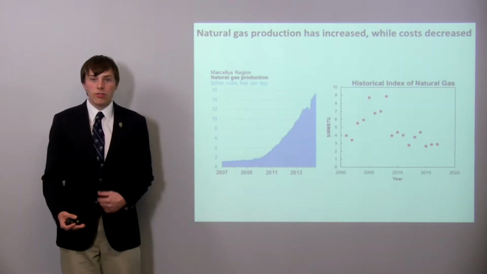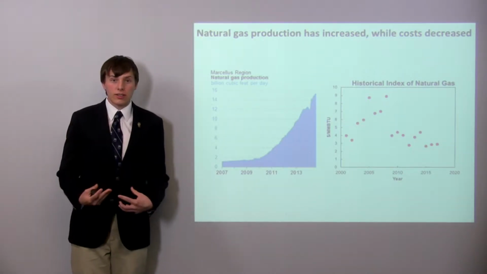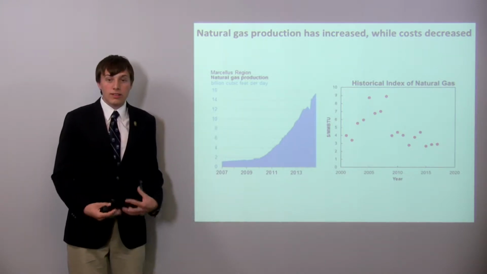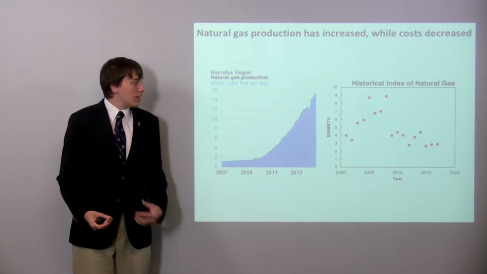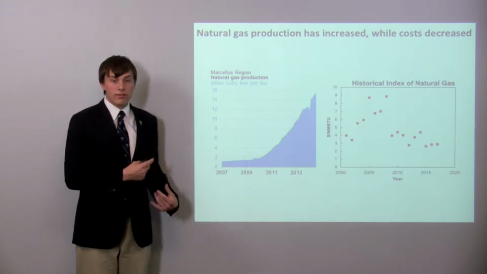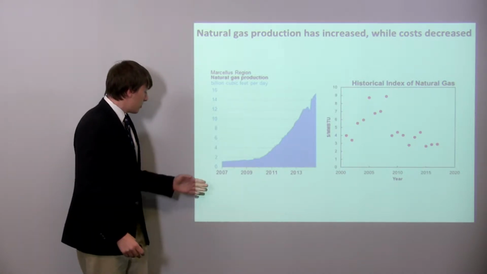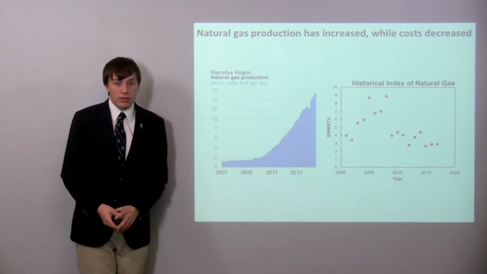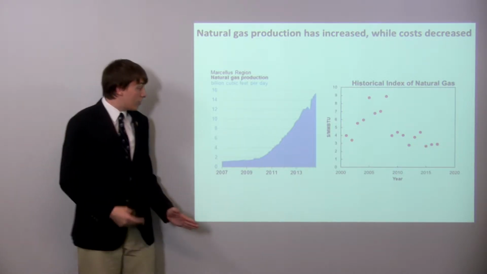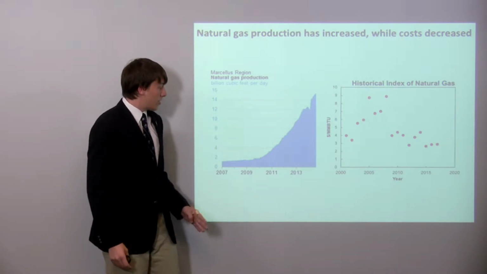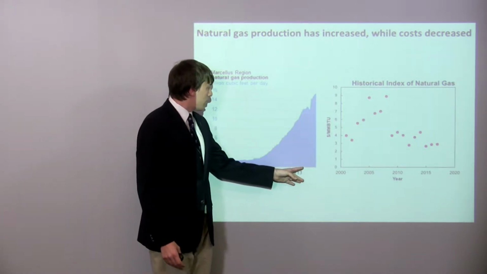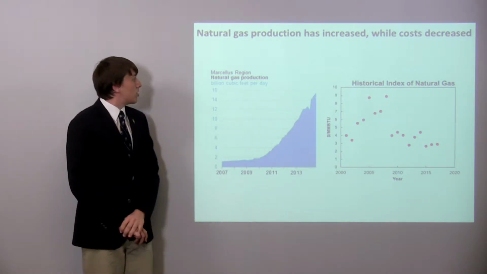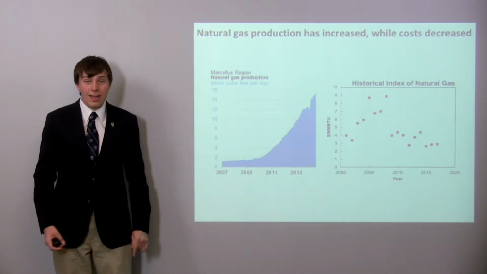The feed stream that we are purchasing that will go into our plant is a natural gas stream. Natural gas, as you can see from the graph here, in 2007 began around 1 billion cubic feet per day, and then has increased in production to, in 2014, almost about 11 billion cubic feet per day.